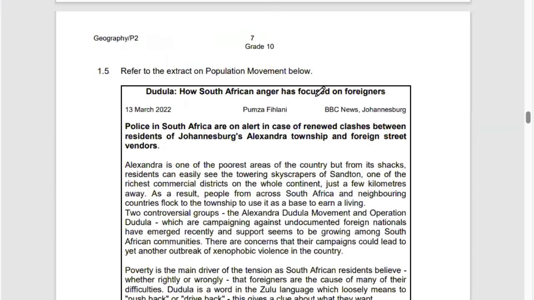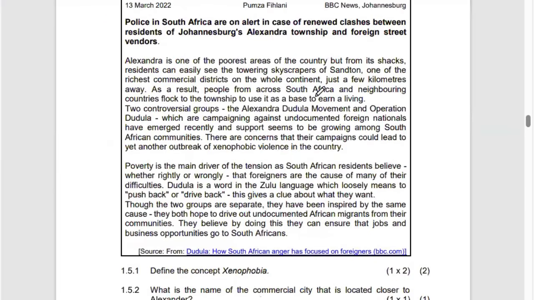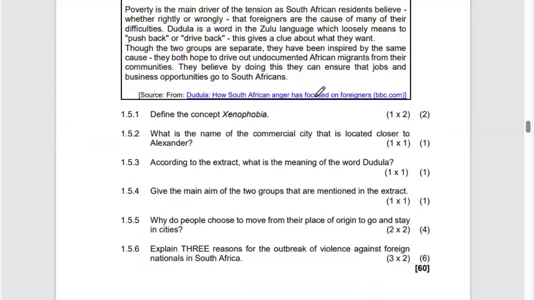Next part is a question on population movement below. We're not going to go through it. Explain the concept xenophobia. Right, so xenophobia is basically, you can define it as unjustified fear, or we can say hatred, of foreign nationals or people from other countries.